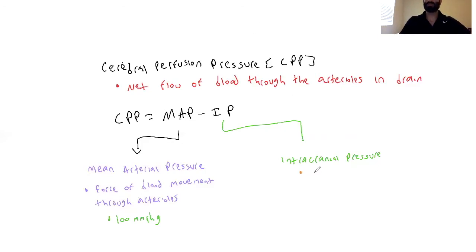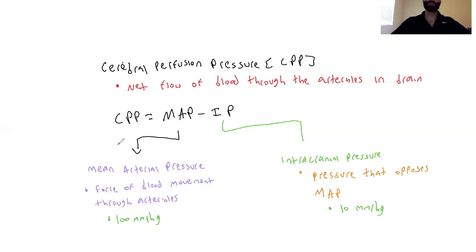So this is pressure that opposes MAP in the brain. I'll draw a quick diagram of that in a moment. And it's approximately 10 millimeters of mercury, give or take some. Millimeters of mercury is a unit we use in physiology to quantify pressure.